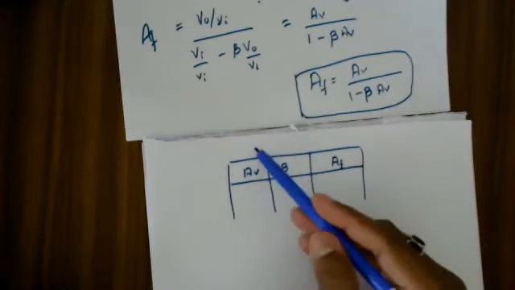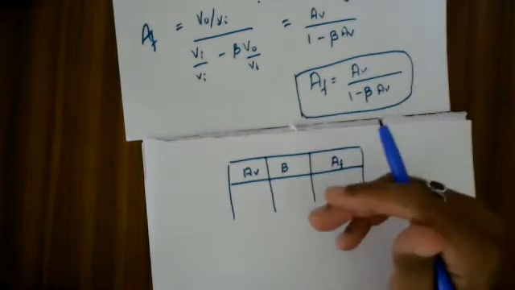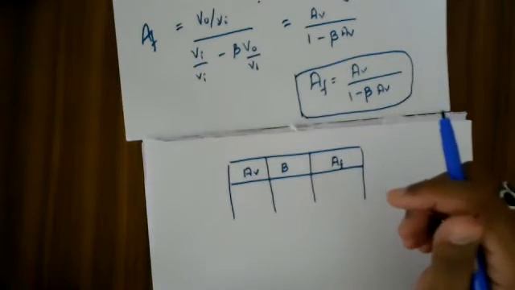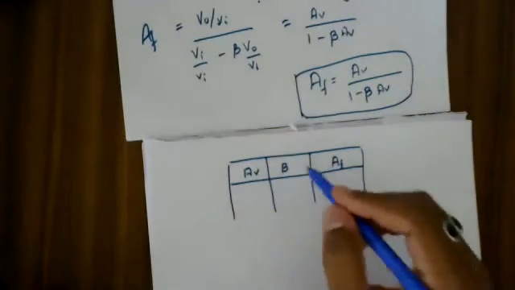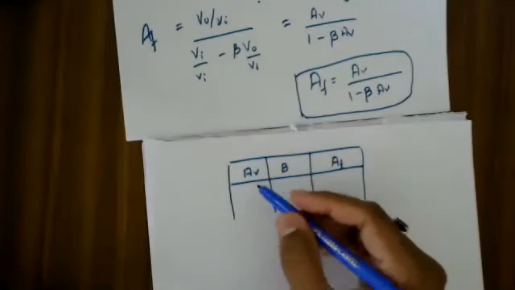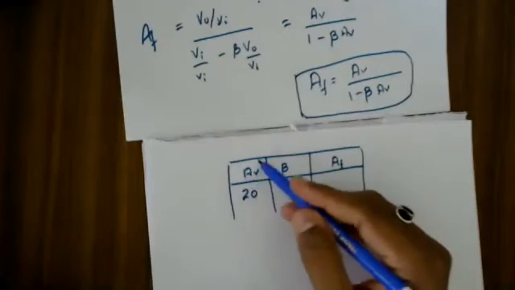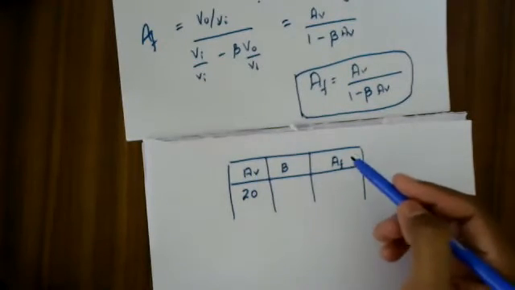Let me say that I have designed my transistor based circuit or an FET based circuit using an op amp, and I'm working on my signals. I have somehow maintained this voltage gain AV as 20.